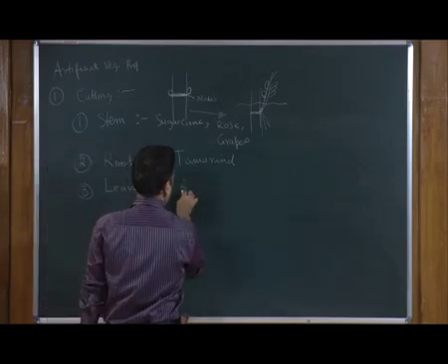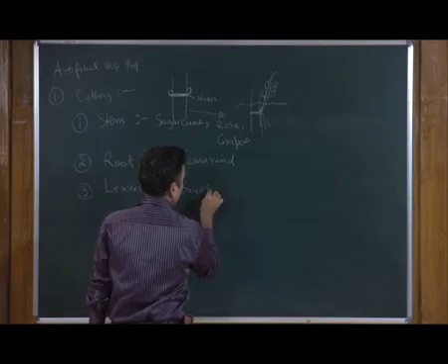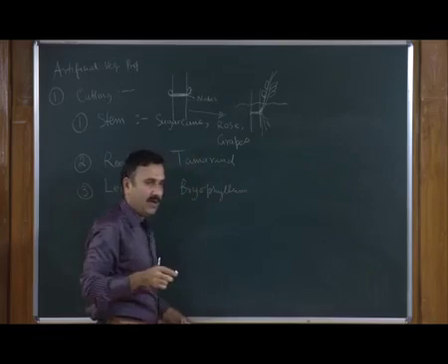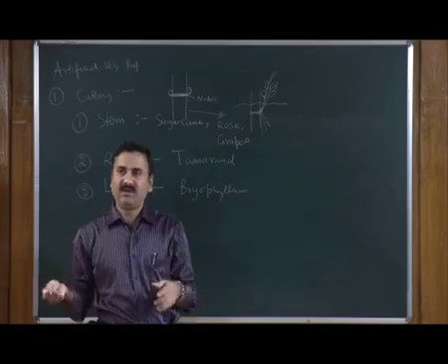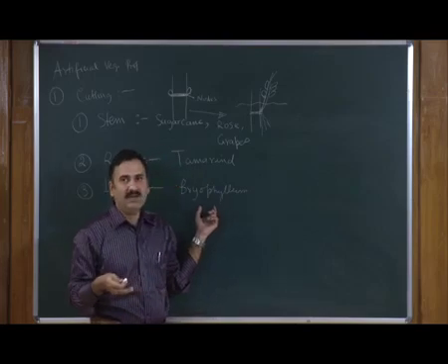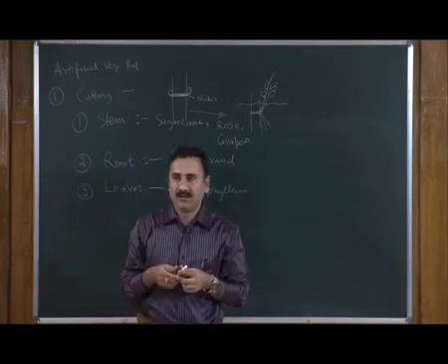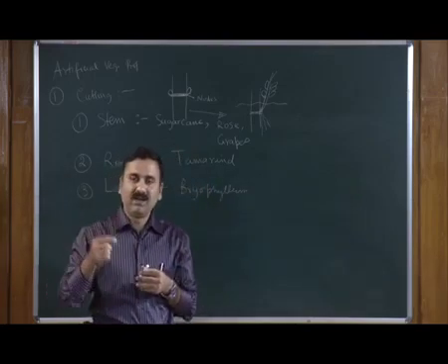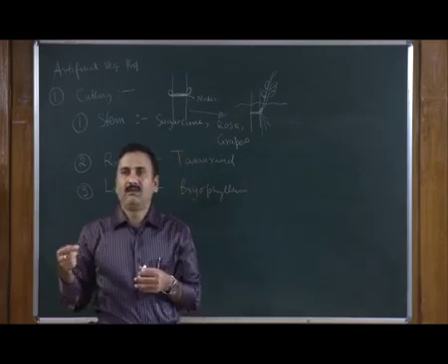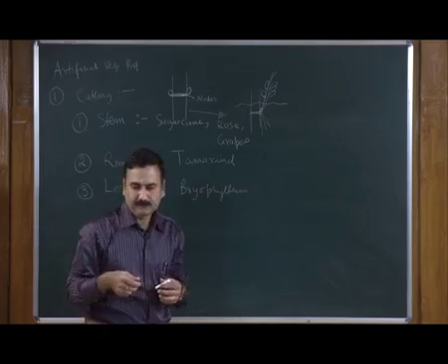In the case of leaves, you have the example of bryophyllum. If you remember, in our previous lecture we discussed how bryophyllum leaves have axillary buds, and if you put these into the soil they will give rise to a new plant.